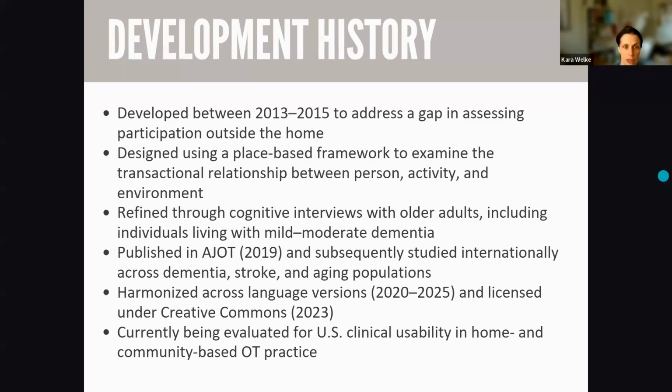They refined it through cognitive interviews with older adults, including individuals living with mild to moderate dementia. There is a study that's published in AJOT in 2019. They have, again, other studies across 2020 to 2025. And now we're doing the evaluation study for the usability in home here in the US.